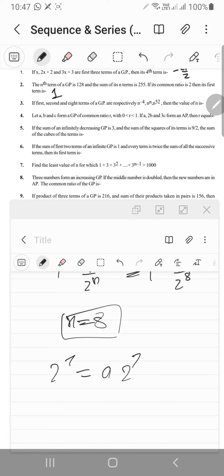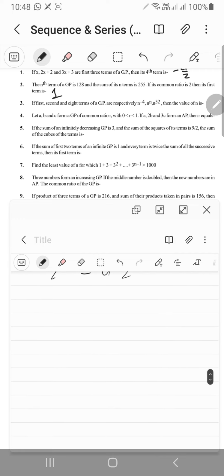Okay, if the first, second, and eighth term of a GP are respectively this, then the value of n is, this is the first term, this is the second term, this is the eighth term. A is n power negative 4, AR is n power n, okay, and second and eighth term, AR power 7, that is n power 52.